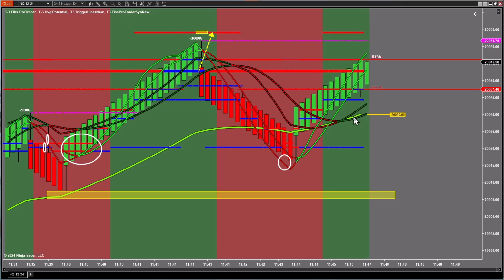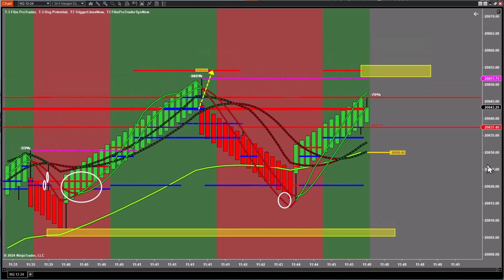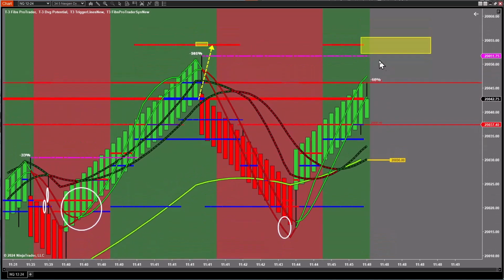Wait. Because look, we might go get a pivot stop out at the high. We get to 20,055. That's going to be a hell of a line in the sand right there. I don't know if it's going to hold, but if we get here and the triggers start to weaken, then we'll maybe be able to play party time.